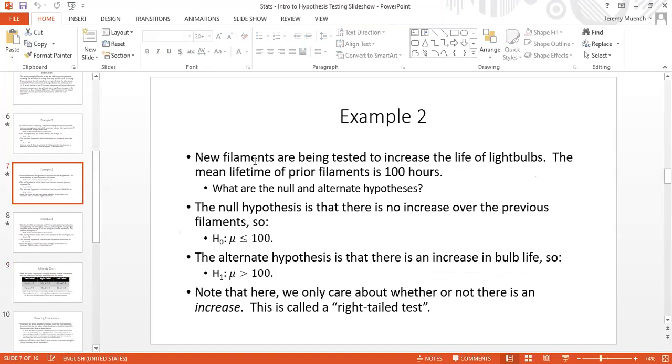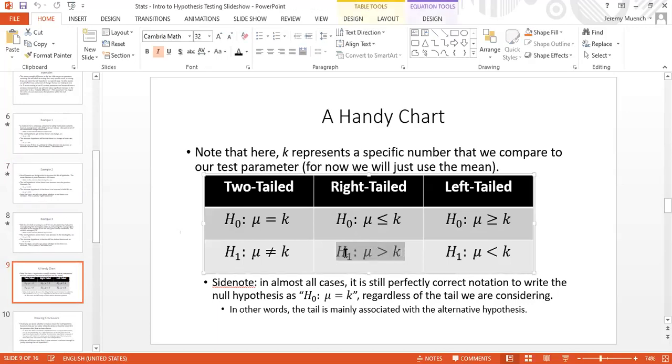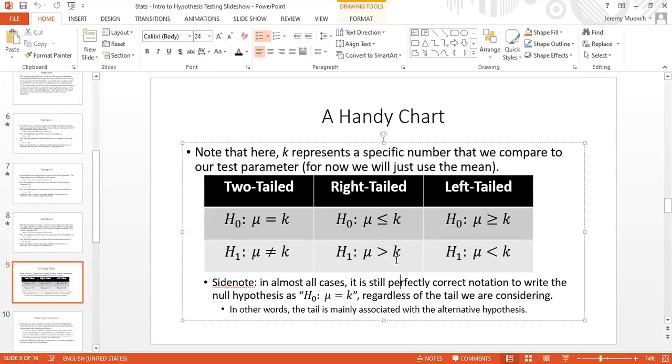If we're looking for an increase, this is known as a right-tailed test. Here, the alternate hypothesis is that there is an increase, that the mean that represents our sample data is noticeably higher than whatever baseline we're working with. The null hypothesis is that there is no noticeable increase.